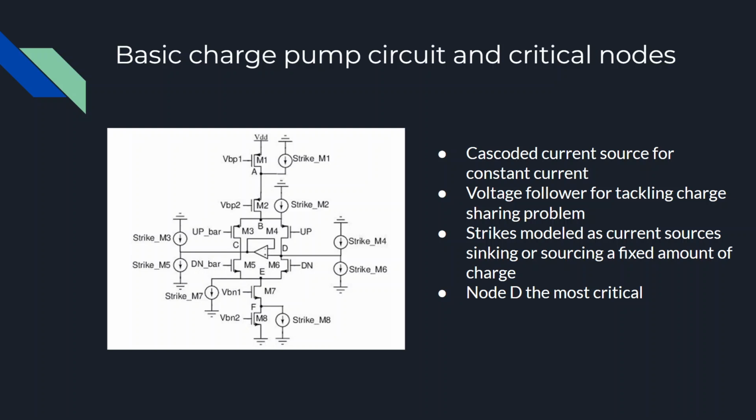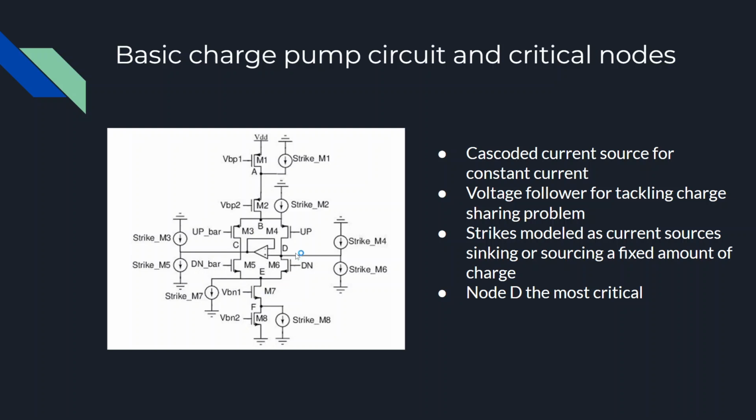Then we get into the basic charge pump circuit that we have used. We have used two PMOS transistors and two NMOS transistors at the bottom that form a cascaded stage for sourcing or sinking current into the control node, and these are provided with appropriate biasing voltages from another stage.